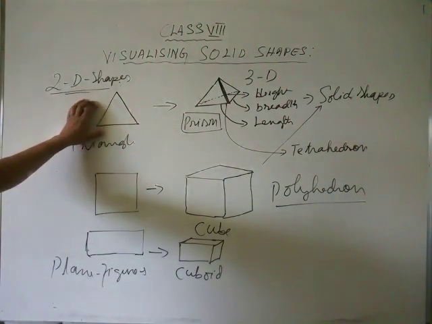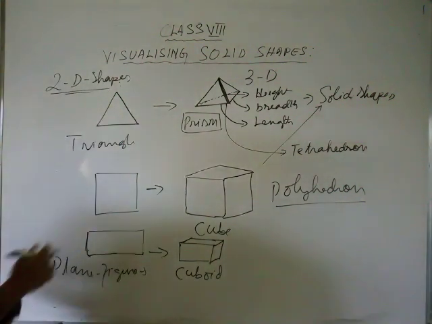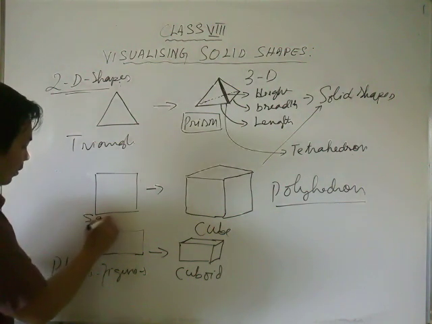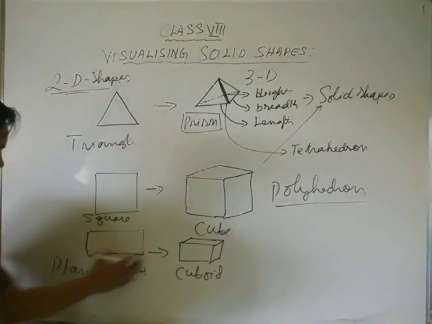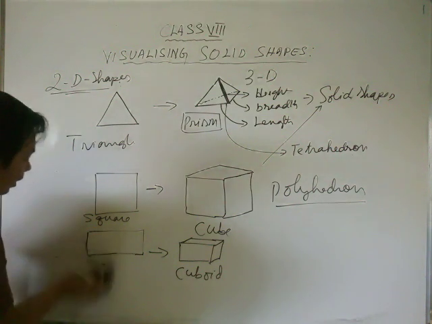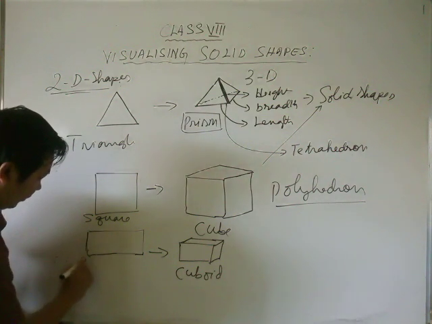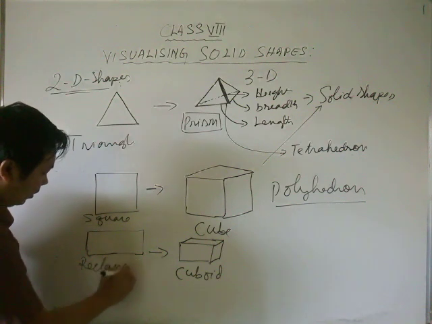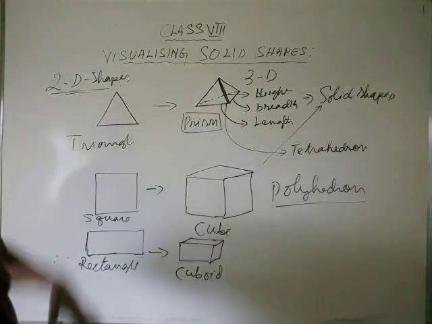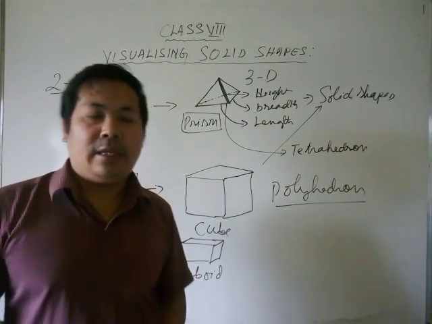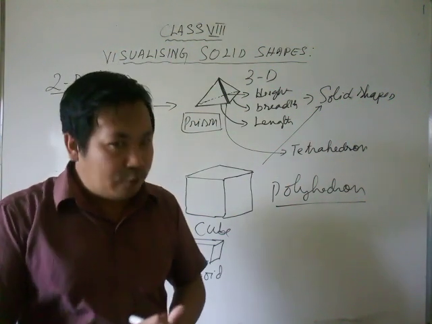Here, this triangle, square, rectangle, they are the plane figures, and they are known as polygons. You have studied in the other chapter that they are polygons, isn't it?